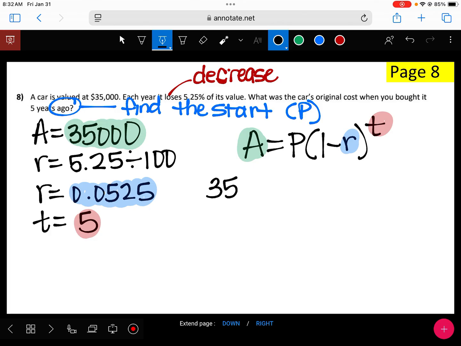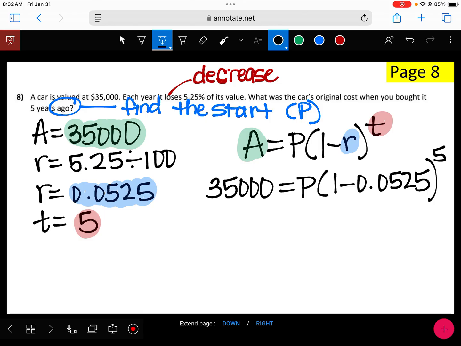All right, so that gives us 35,000 equals P times (1 minus 0.0525) to the power of 5. This is a number. We're going to divide both sides by this number.